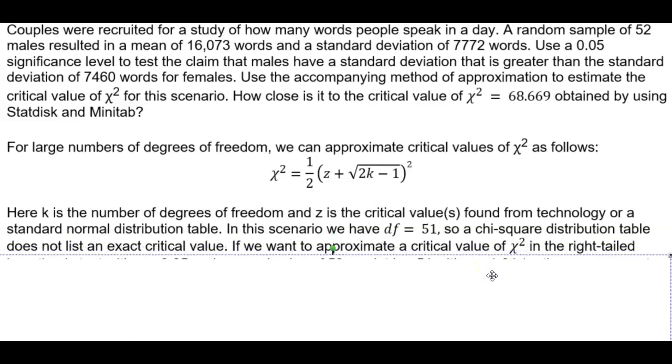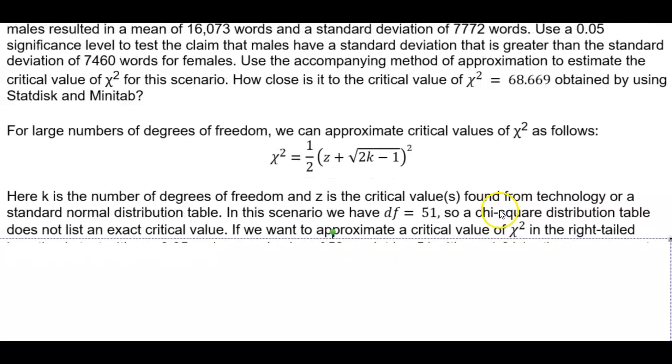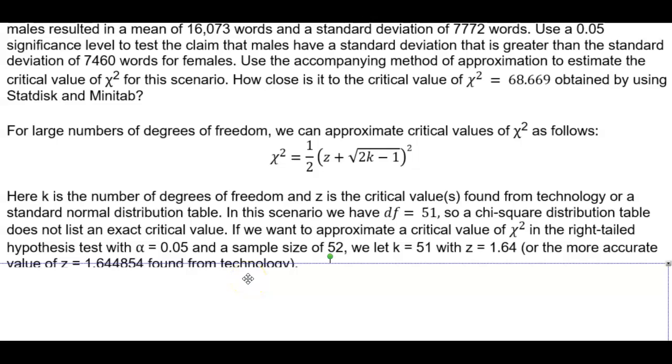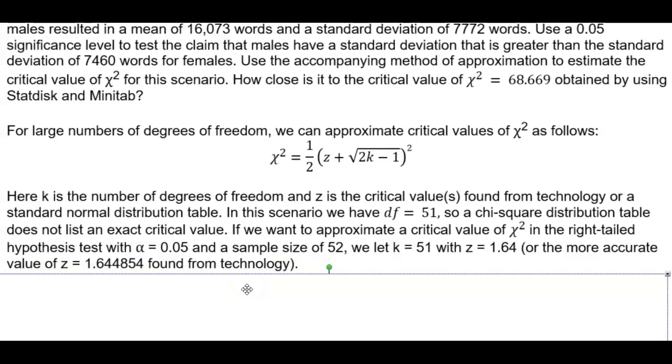Now in this scenario, the degrees of freedom is equal to 51 because the sample size is 52. A chi-square distribution table does not list an exact critical value. So if we want to approximate a critical value of chi-square in a right-tail hypothesis test, alpha is going to equal 0.05 and the sample size is 52.